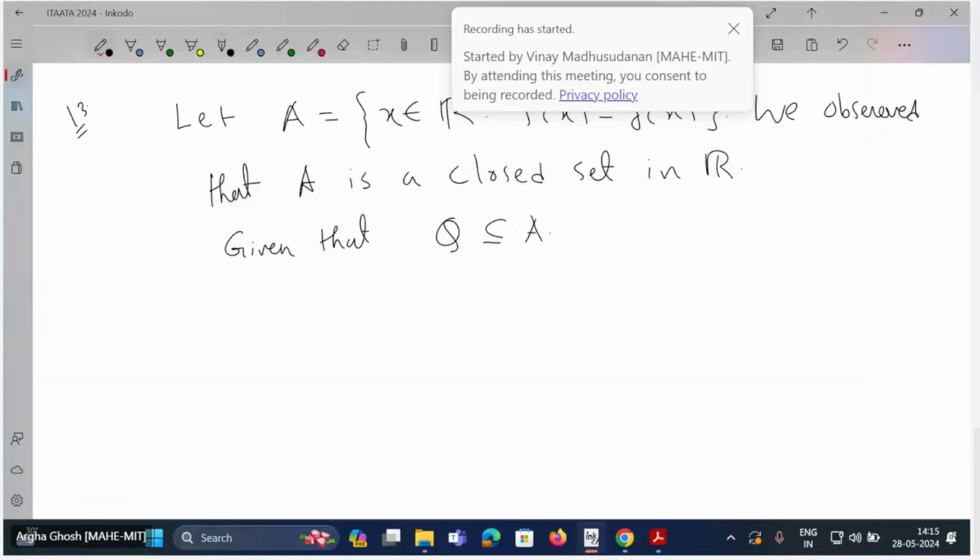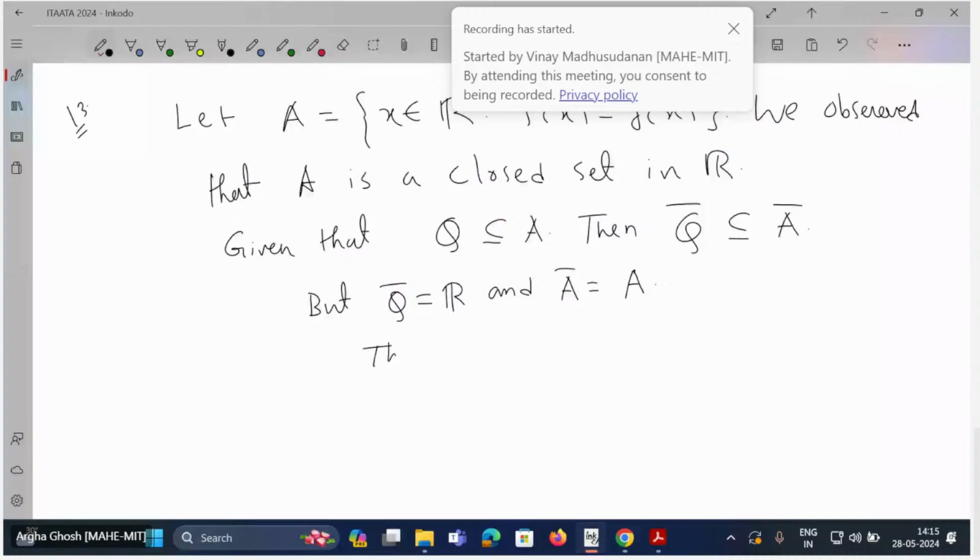Yeah, closure, dense. Ultimately closure of Q is a subset of closure of A. But closure of Q is whole of R, and closure of A is equal to what? What is the closure of A? A itself. So thus R is a subset of A.